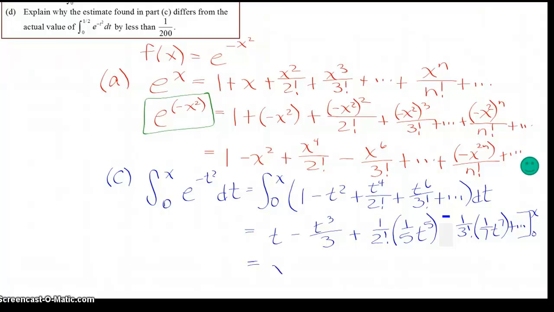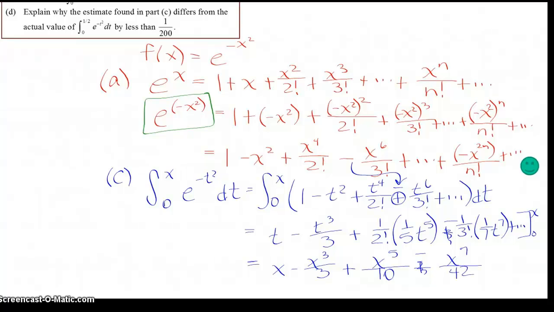So this would look like x minus x cubed over 3 plus x to the 5th over 10, plus, let's see, yeah, I did. Glad I caught that. That is a minus. So this is a minus x to the 7th over 7 times 6, which is 42, and then plus dot dot dot. So there's the answer to part C. Now let's see what part D asks us to do.